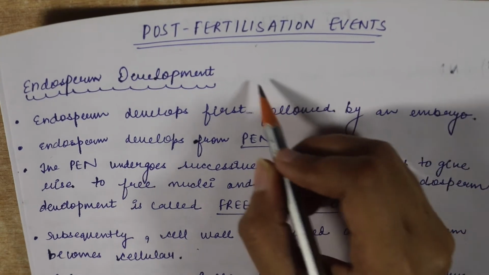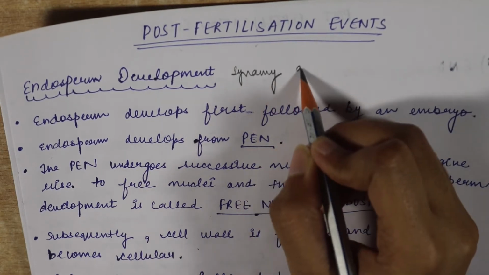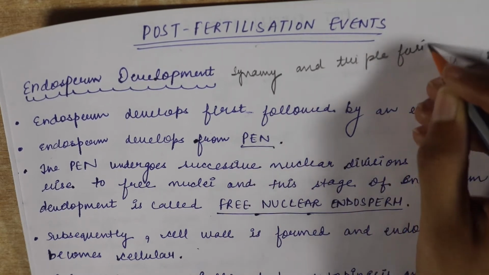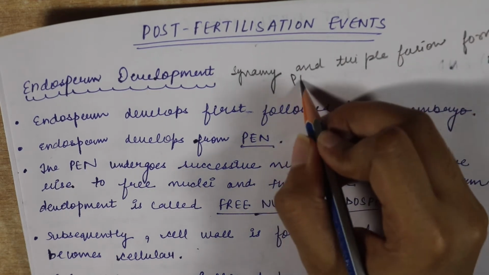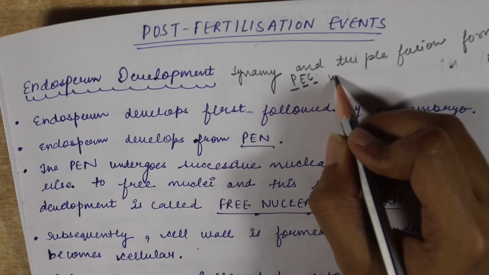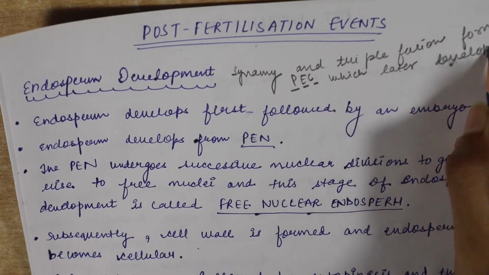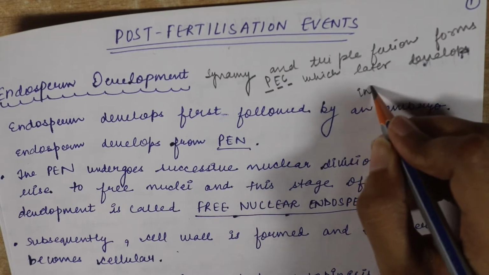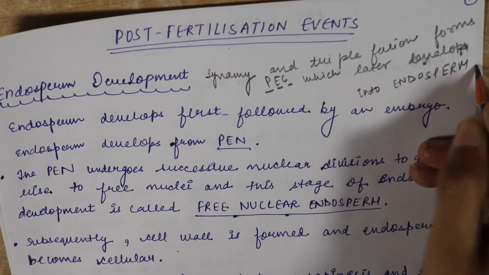So when syngamy and triple fusion form the PEN, which is the primary endosperm cell, it later develops into endosperm.